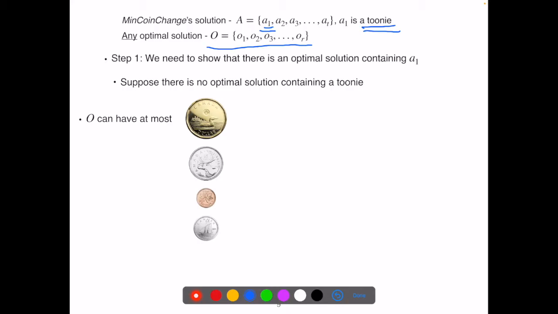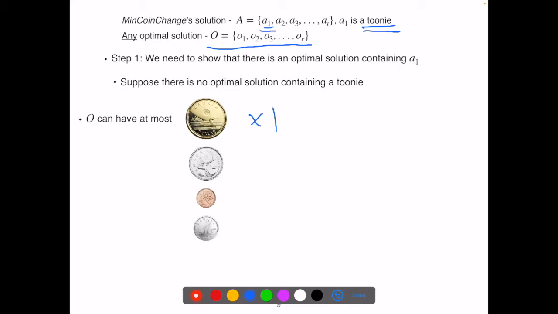Let's find out how many coins of each value O can have at most. For loonies, O can have at most 1 loonie, because if we have 2 loonies, we can replace those 2 coins using a toonie, and then O won't have the minimal number of coins because we can reduce the number of coins by 1.